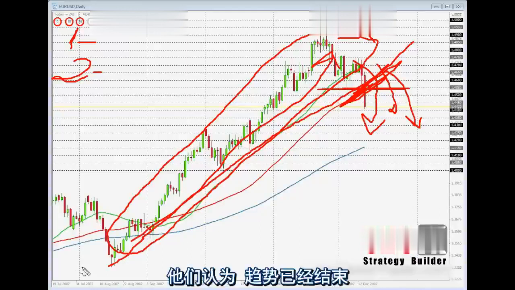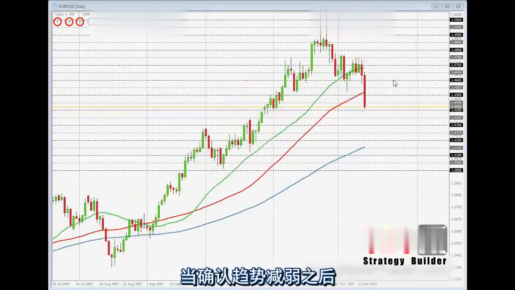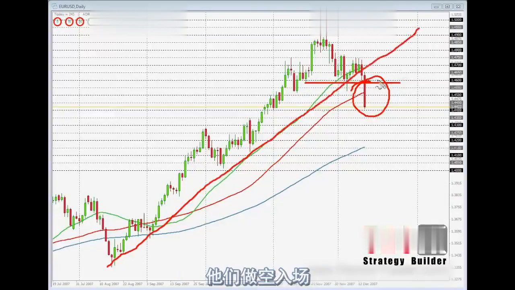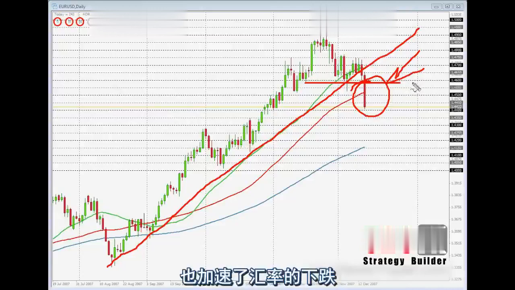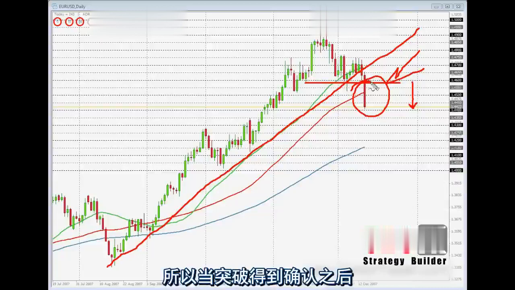In their opinion, this uptrend is finished, and once the breakout is confirmed and the trend is actually weakening, they reload short right there. Therefore, just as we saw before with the bulls panicking, these new short positions speed up the drop in price, and what you usually see is quite heavy momentum.